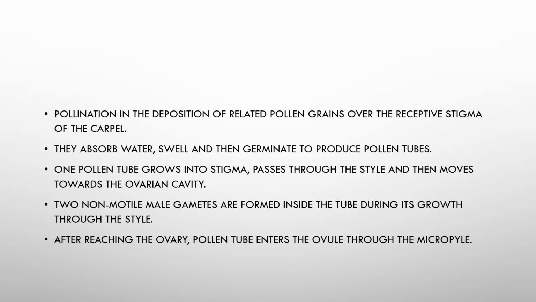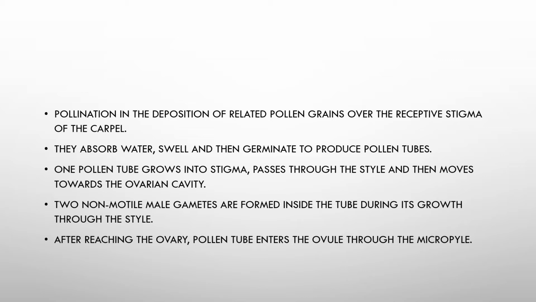The two gametes which were present in the pollen grain pass through the pollen tube and reach the ovary.